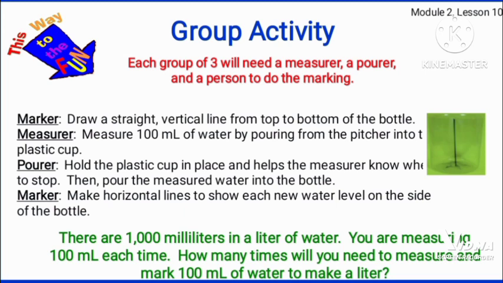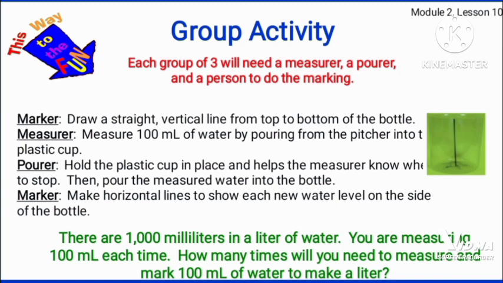As you pour, you hold the plastic cup in place, and it helps the person that's measuring to know where to stop. Then pour the measured water into the bottle, and then somebody will mark. We'll make horizontal lines to show each new water level on the side of the bottle.